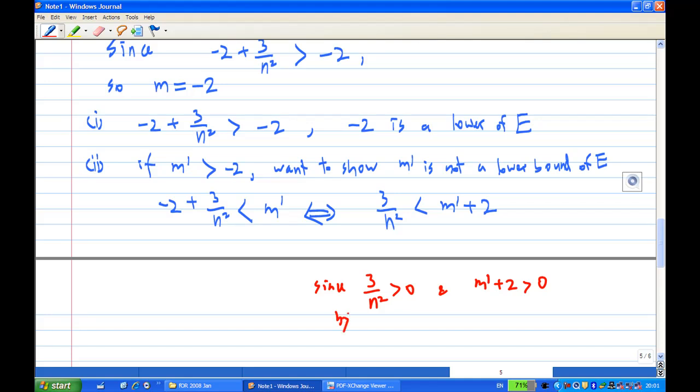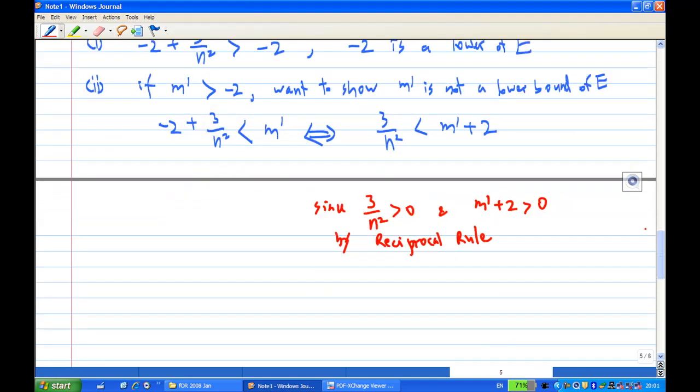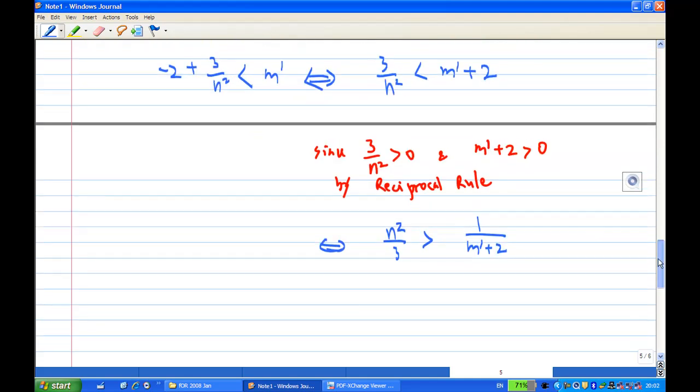So by the reciprocal rule of real numbers, the inequality is equivalent to n squared over 3 greater than 1 over m prime plus 2. Multiplying both sides by 3, this is the same as n squared greater than 3 over m prime plus 2.